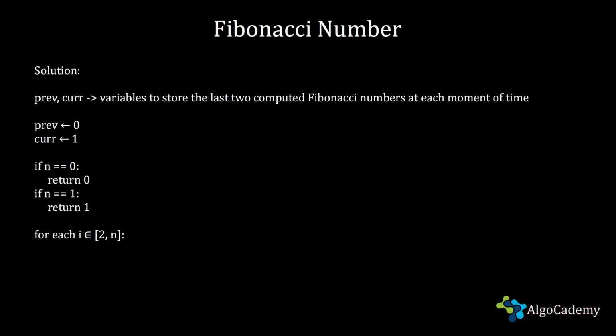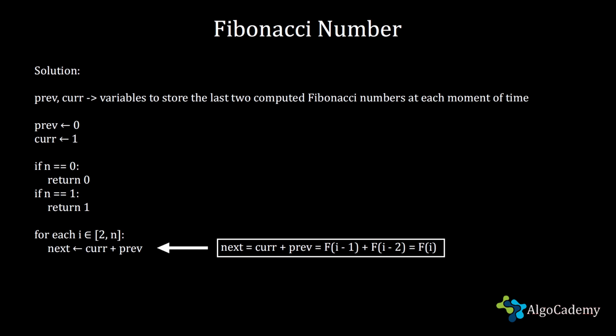Inside this loop, we should compute fi, the current Fibonacci number, and store this value into the variable current, and we should also update the previous variable with fi-1, which will be the previous Fibonacci number. So first, we will compute the sum between current and previous and store it in a variable next.